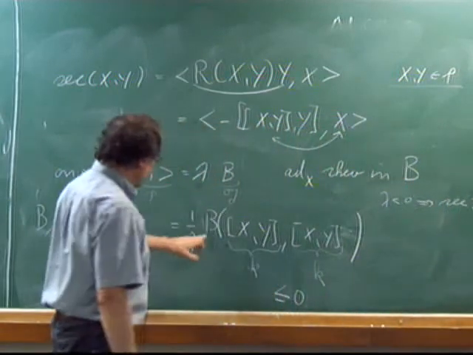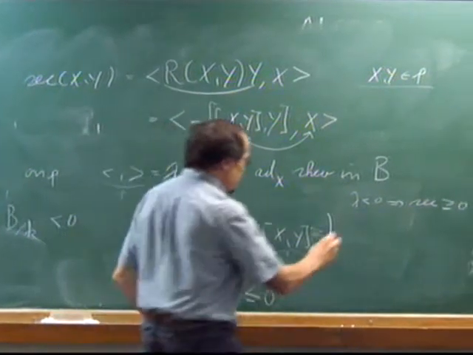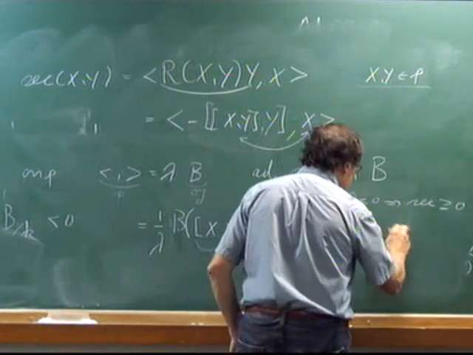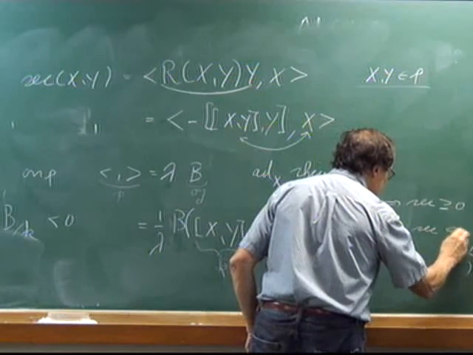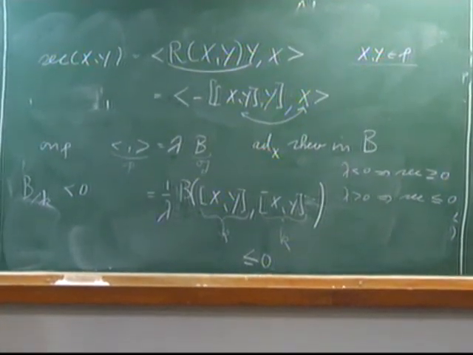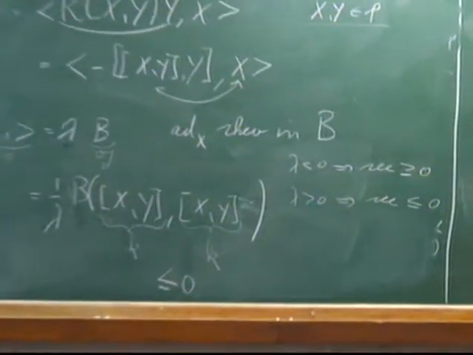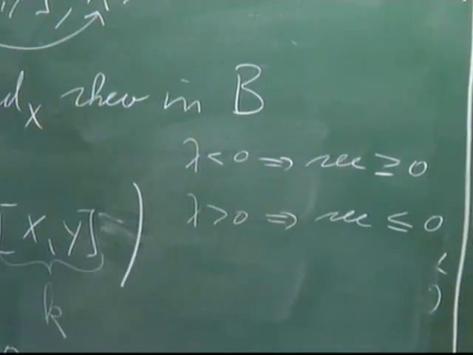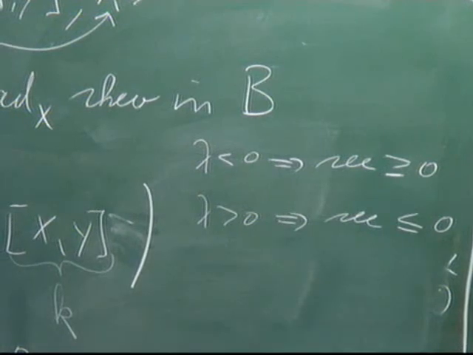And if lambda is positive, since this is positive, this is negative, the other way around. And of course, if Lie brackets vanish, so if [P, P] is 0, then the curvature is 0 without looking at skew symmetry. So that's the proof.